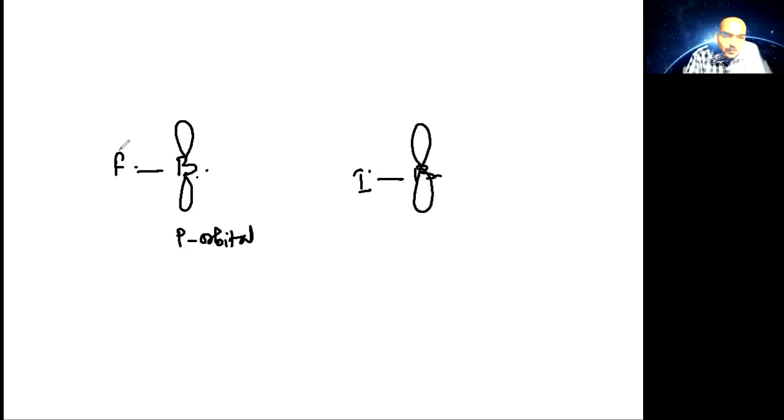Now, what happens in this fluorine? This is a filled p orbital, this is vacant, this is filled. Now, what happens here? Back bonding takes place.